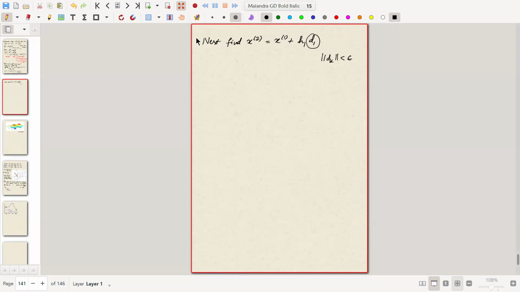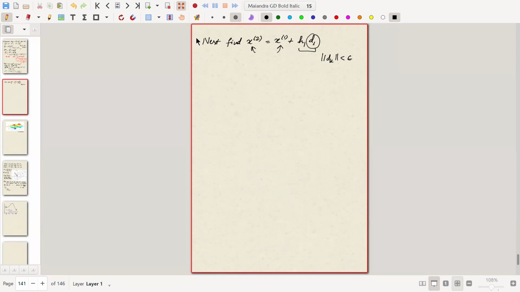Okay. That means your value is converging to the minimum. Isn't it? See, if your value is converging, this quantity will be of similar value. That means h1 d1 should be closer to 0 or less than epsilon. H is a constant. So the only way is the norm of dk should be less than epsilon. Okay. Now the next iterations we will do in Python. Okay. We will see how it approaches.